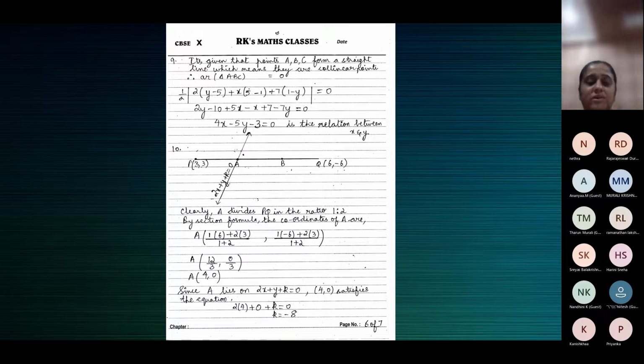So you can find the coordinates of A using the section formula. And since A also lies on the line 2x plus y plus k is equal to 0, the coordinates of A must satisfy that equation. So that way you find the value of k, -8. Ma'am, I got -8. Yeah, good.